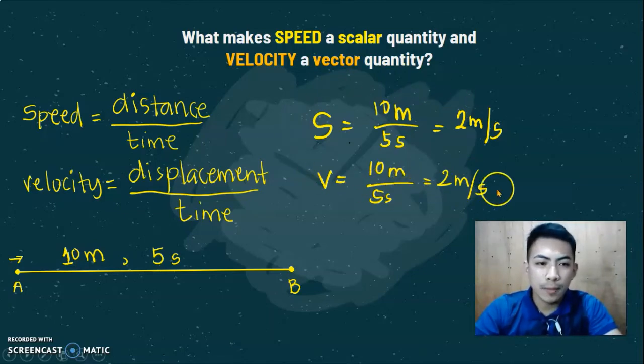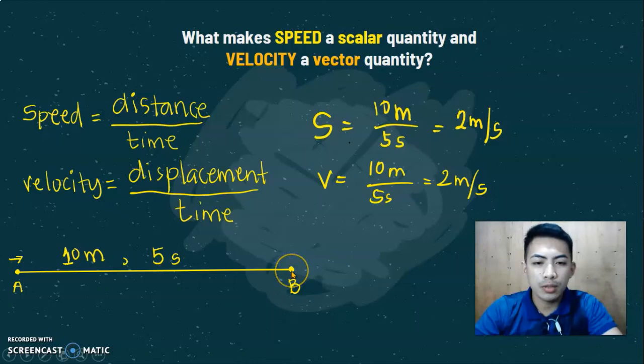This will only happen if an object travels along a straight line, and the answers would become different if the object will now travel from point B to another direction, to another destination.